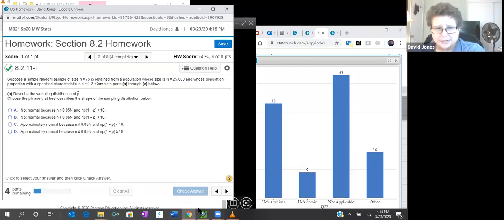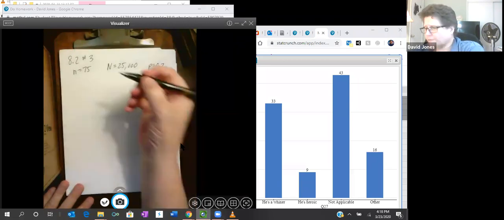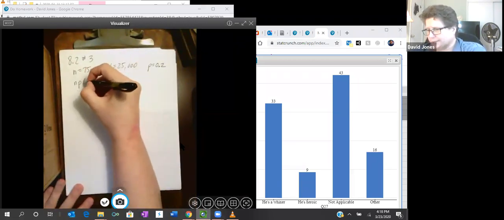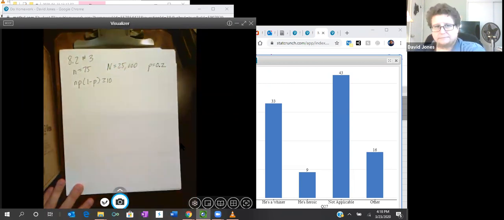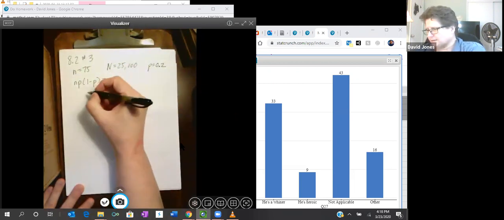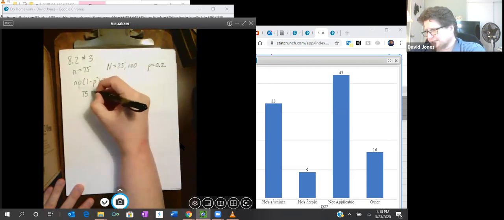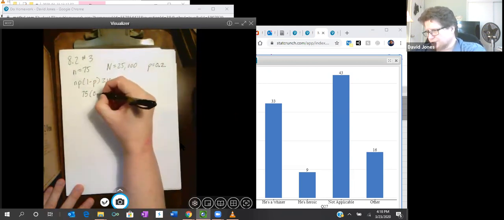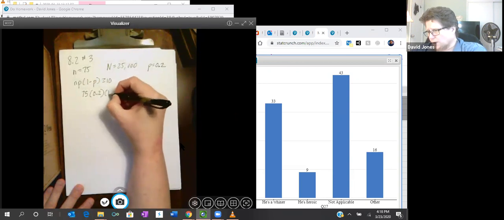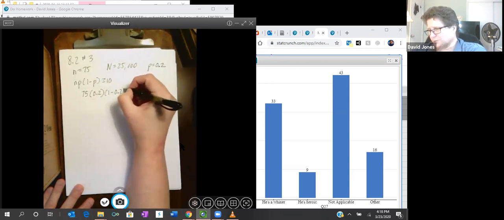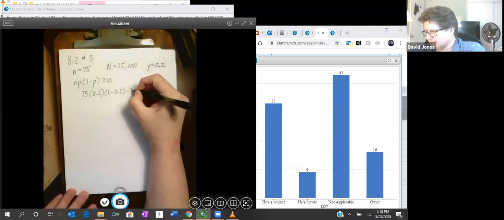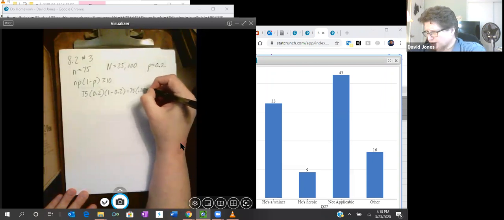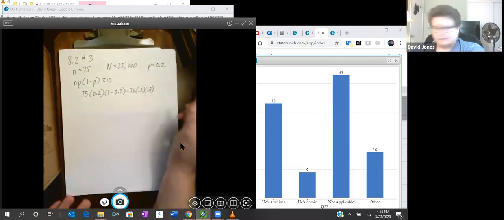If we look at the options, it's asking us if the distribution is normal. So let's go back to our camera. Recall, for our distribution to be normal, we need n times p times 1 minus p to be greater than or equal to 10. Does that work here? n is 75. p is 0.2. 1 minus p is 1 minus 0.2. This is 75 times 0.2 times 0.8.